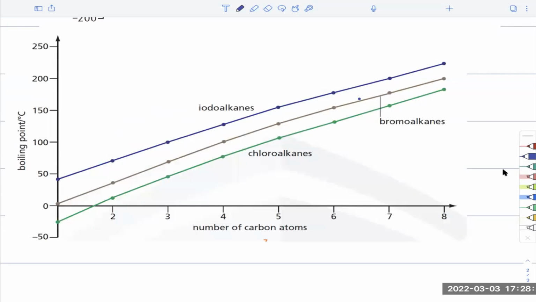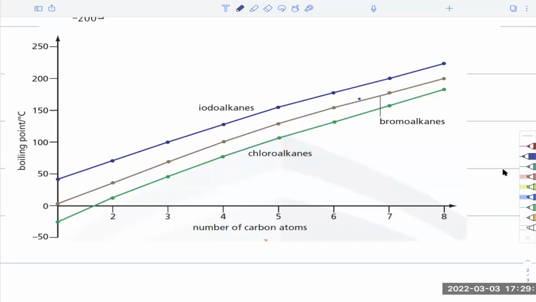The chloroalkanes have lower boiling points than bromoalkanes, and bromoalkanes have lower boiling points than iodoalkanes, and that is something that we usually don't expect, because students always think that chlorine is more reactive than bromine and bromine is more reactive than iodine, so everything should be more for chlorine and less for iodine.